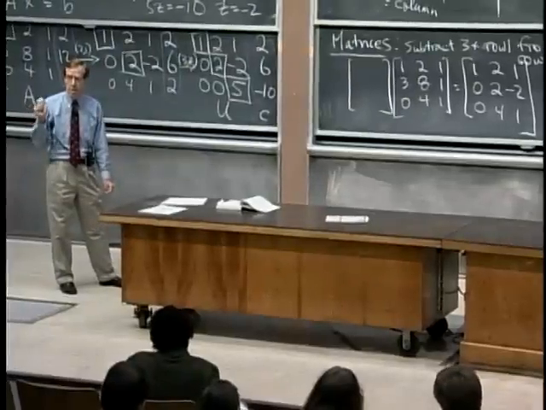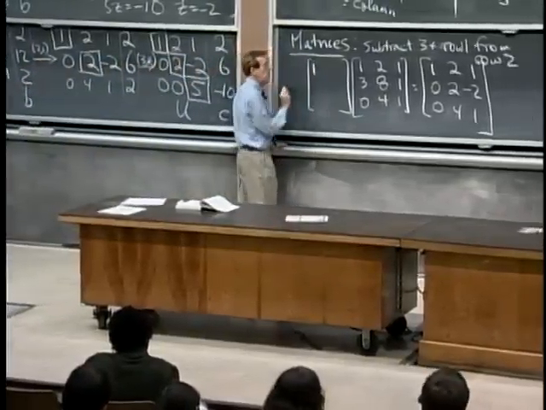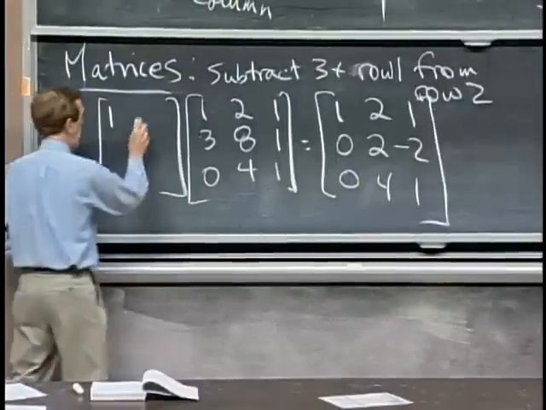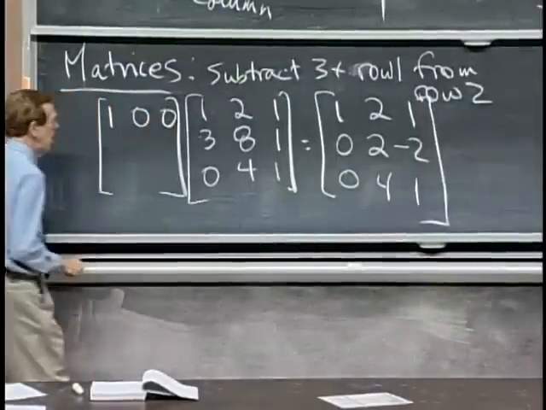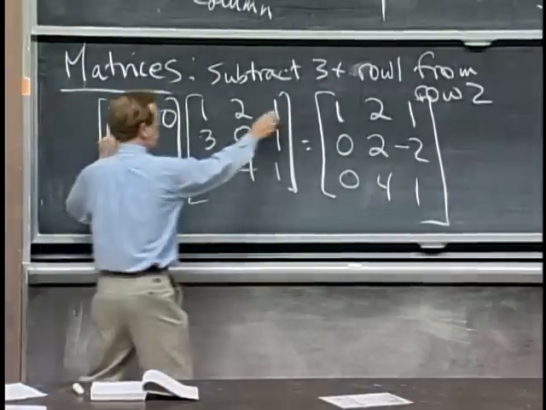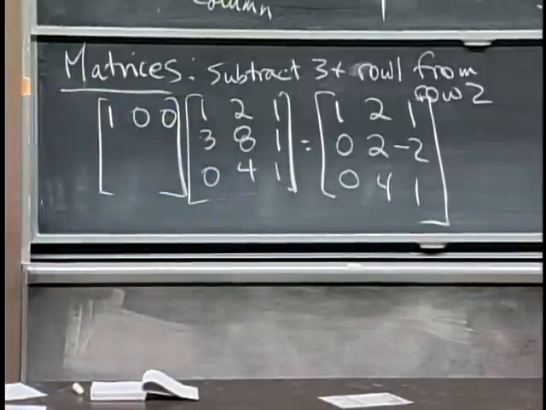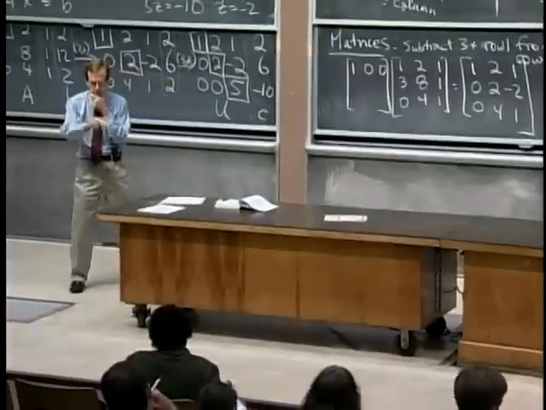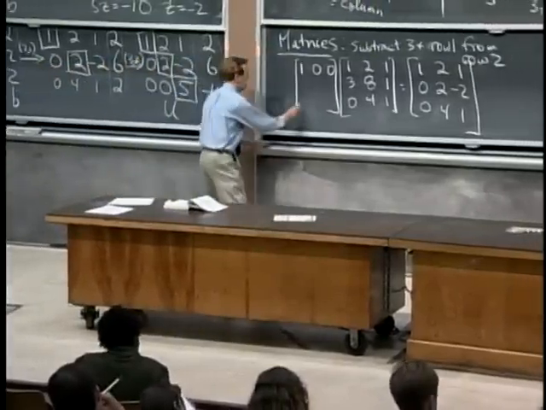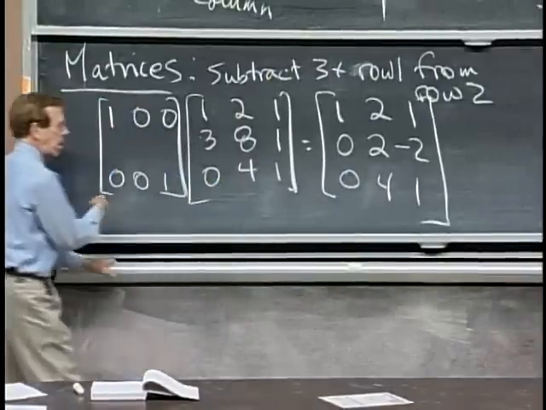The first row of the matrix will be 1, 0, 0, because that takes 1 of that row and none of the other rows, and that's what we want. What's the last row of the matrix? 0, 0, 1, because that takes 1 of the third row and none of the other rows.